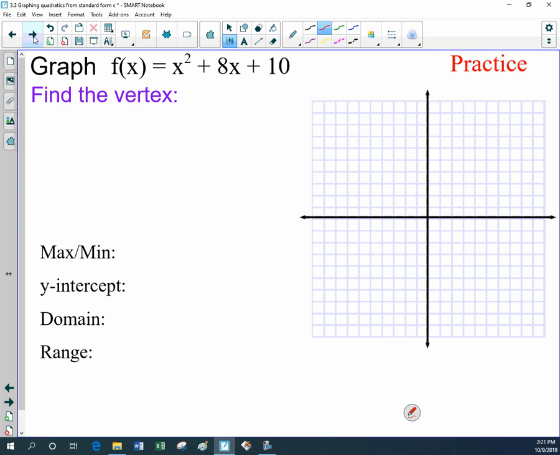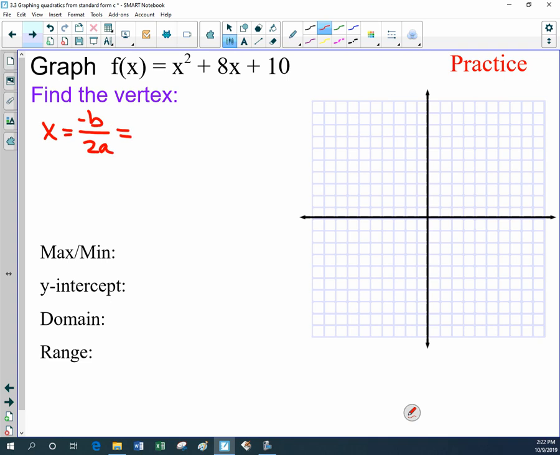All right, let's try it again. So we have f of x equals x squared plus 8x plus 10. The first thing we're going to do is find the x, or the axis of symmetry, or the x coordinate of the vertex. So that's opposite of b divided by 2a.